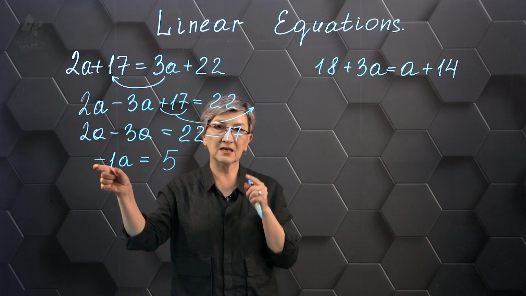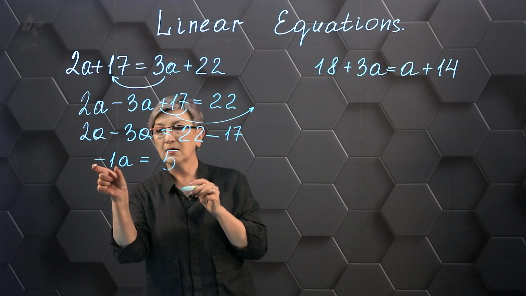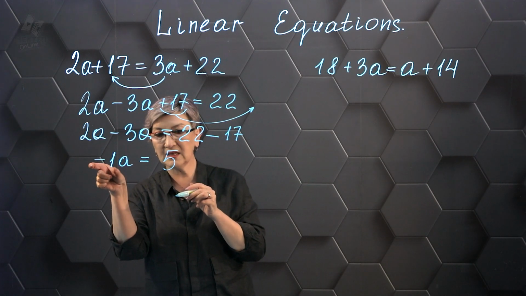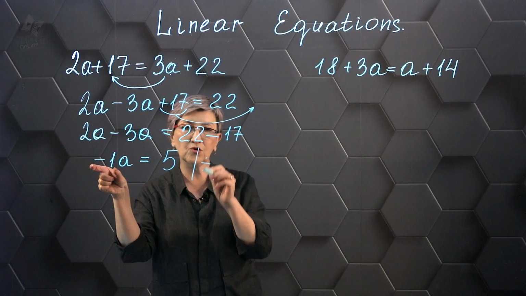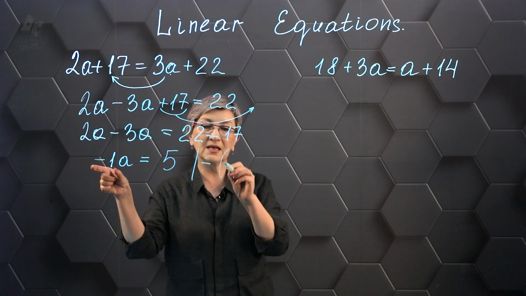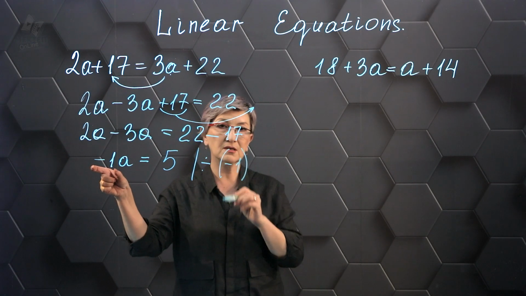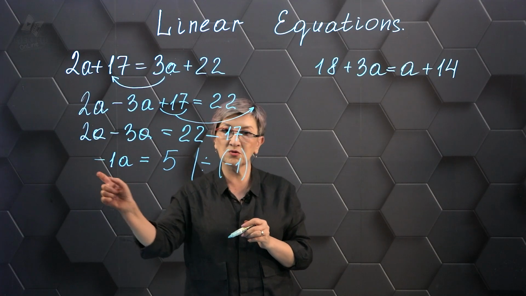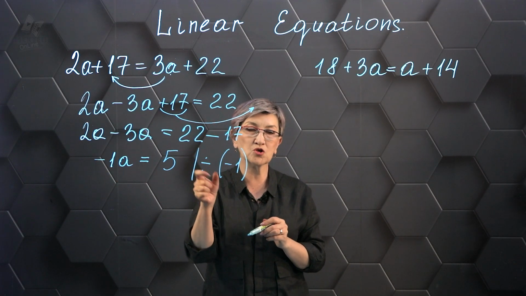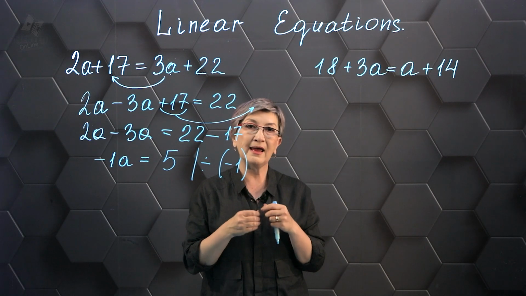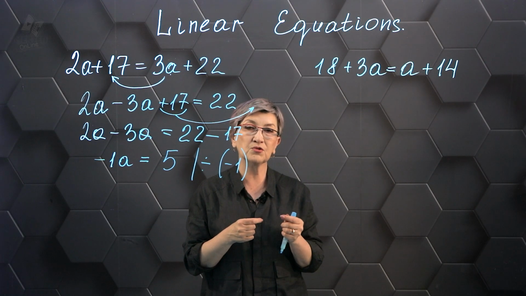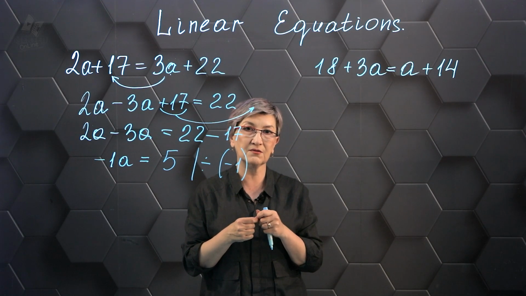Now you'll notice that I have the quotient equal to minus 1. I will divide the left and right parts by the number -1. I will not carry the -1 to the right side with a plus sign. It is not a summand, it is a quotient, so I will divide by that quotient.